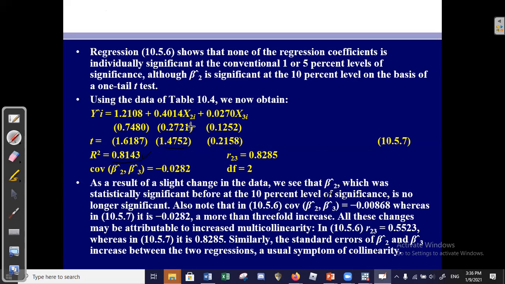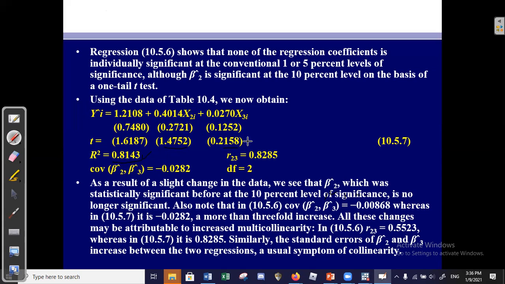So this is one example of a model in which the R square is 0.8143, 81.43% of the total variation in Y is explained by x2 and x3 together, right? So the R square value is not bad, but the individual T ratios tell you that the effect of x2 on y is insignificant, and the effect of x3 on y is also insignificant.